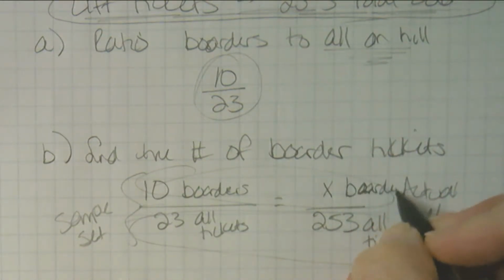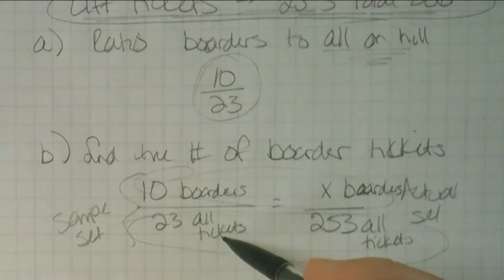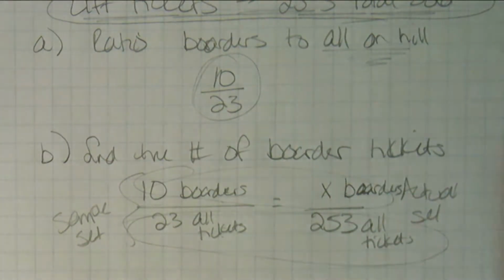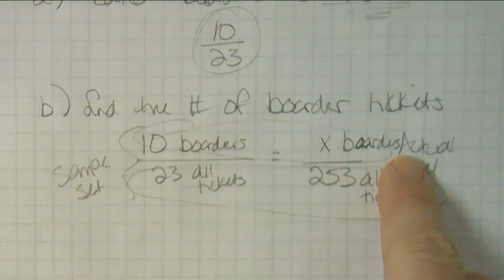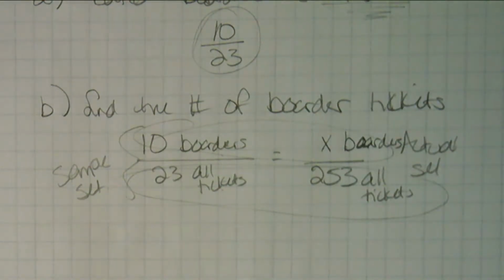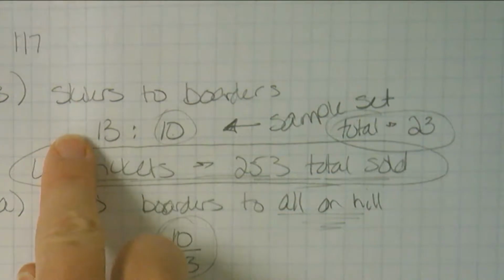As I was walking around, I noticed that some of you are putting your units on these. That's a really good idea, to make sure that you are lining up the appropriate information together, particularly on ones like this, where the ratio they originally gave us was skiers to boarders.